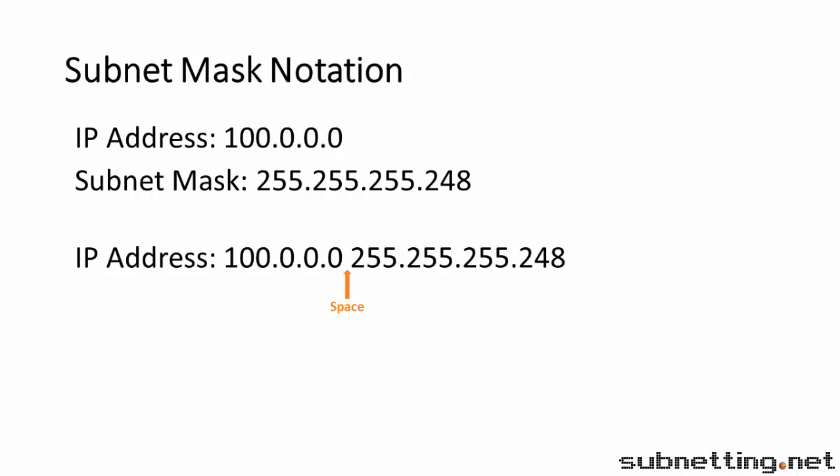This is a commonly used notation when specifying an IP address. Similarly, we can also write the IP address using shorthand notation. Notice when we use shorthand, we don't use the space. Once again, note that these two IP addresses along with the subnet mask are identical, just written in two different ways.